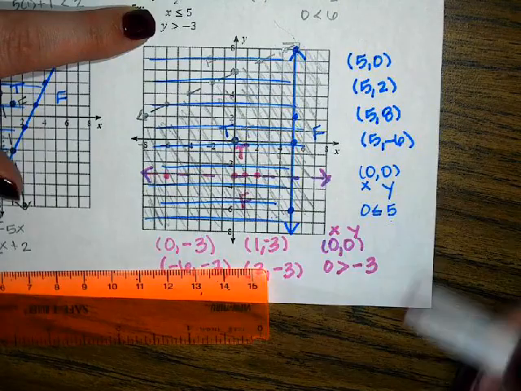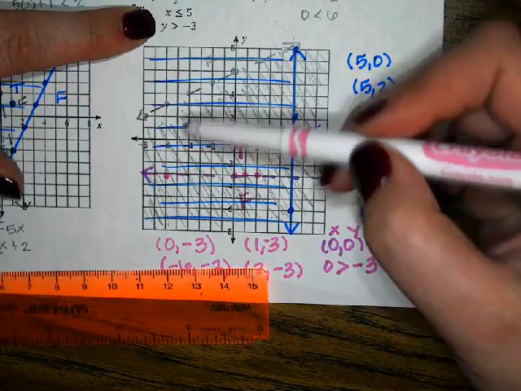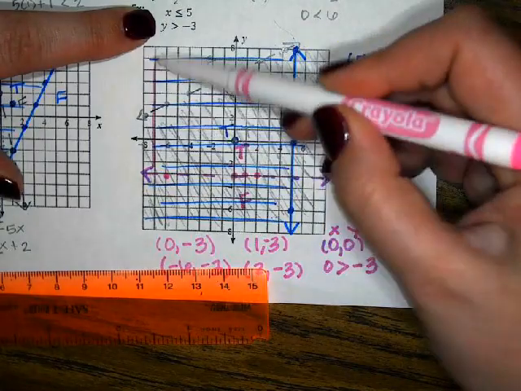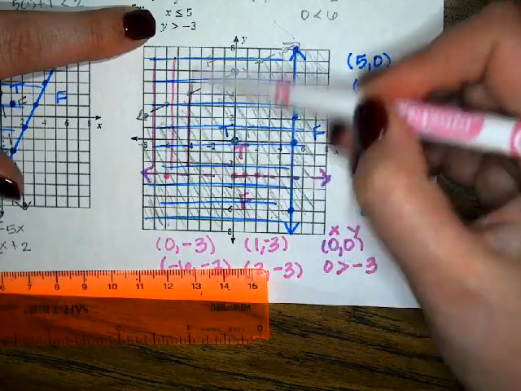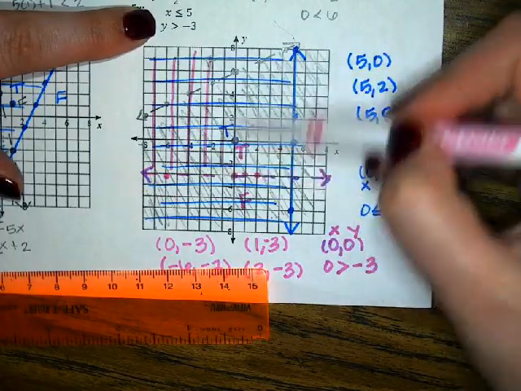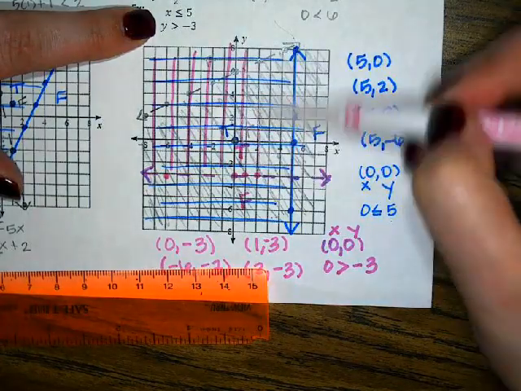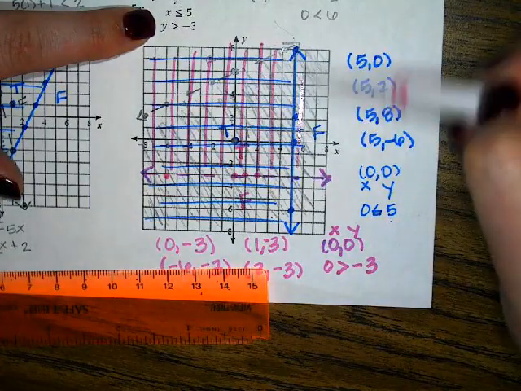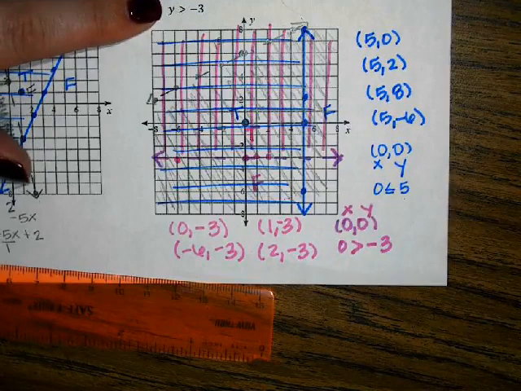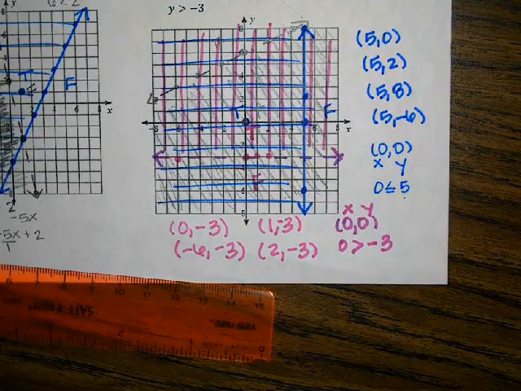And then my answer is where I can see pink and blue and pencil all at the same time. So where am I seeing all of those colors? Kind of like in the middle, where 0, 0 is, right? Because 0, 0 is true for all of them. So it's this corner.